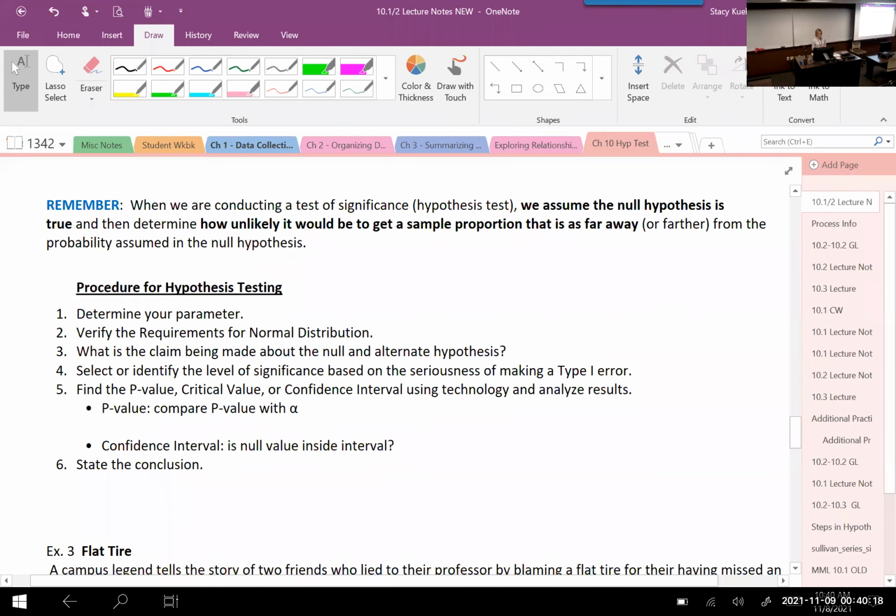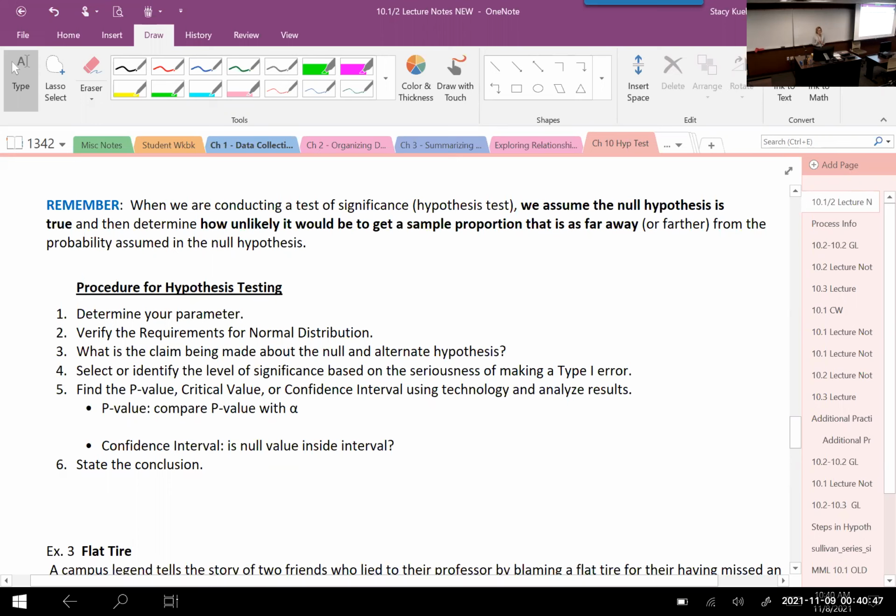Then you select or identify your level of significance. We're going to continue our discussion on Wednesday about what it means to make a type 1 error. Today we're just going to practice using alpha in our tests. Then you use technology, StatCrunch.